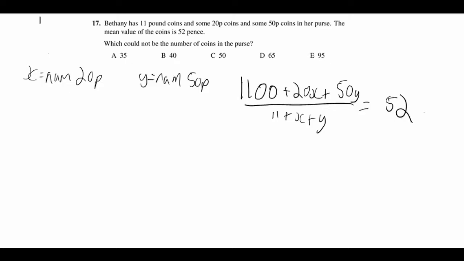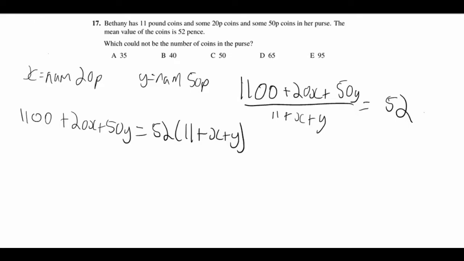So if we times both sides of the equation by 11 plus x plus y, we get 1,100 plus 20x plus 50y is equal to 52 times (11 plus x plus y).